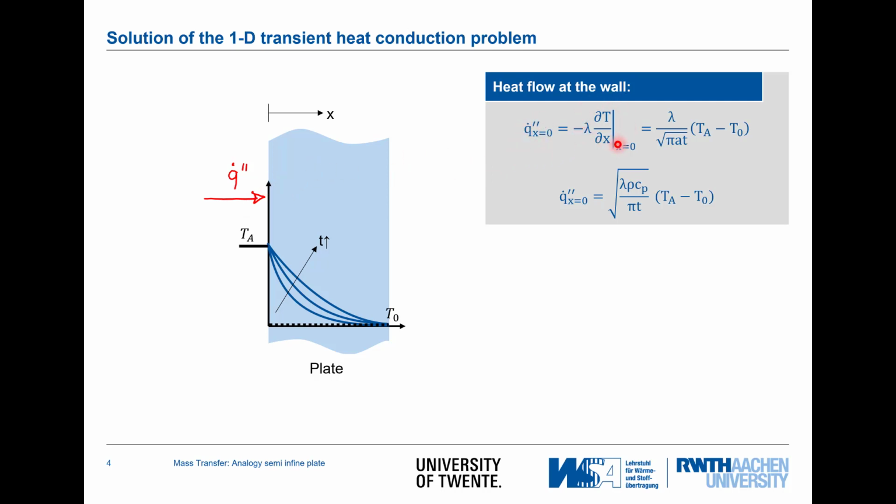That's according to Fourier's law. Here lambda times the temperature gradient at this position, and it's the negative gradient. If we put that in, derive it from the previous solution, there's the driving temperature potential and this prefactor, which can be calculated as the square root of lambda times rho Cp divided by pi times t.